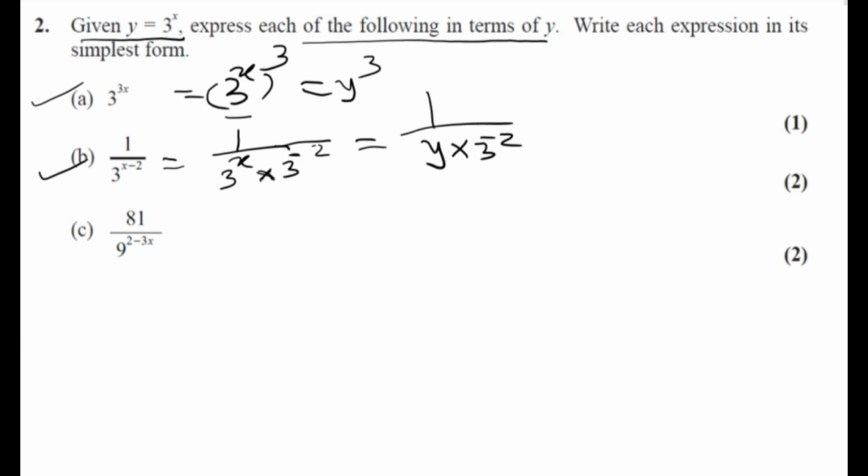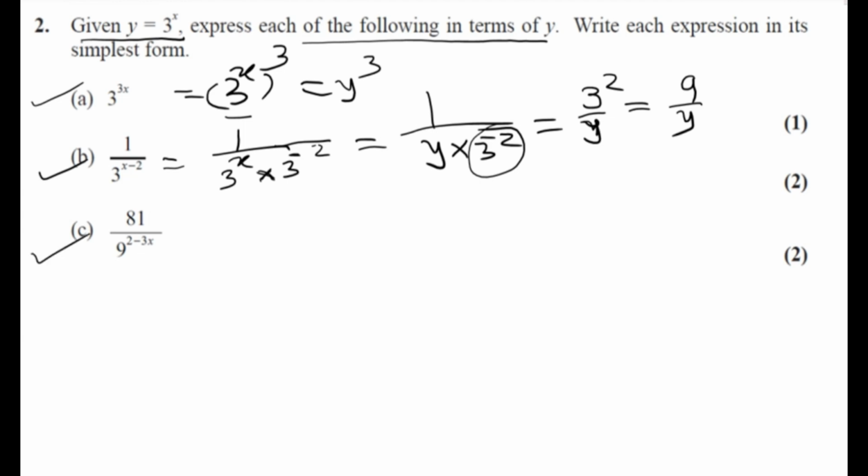Now I want to write it in the simplest form. So to make this power positive, I will take it into the numerator. So 3 squared over y. This power is only for 3. So I just move 3 up. 3 squared is 9. 9 over y.